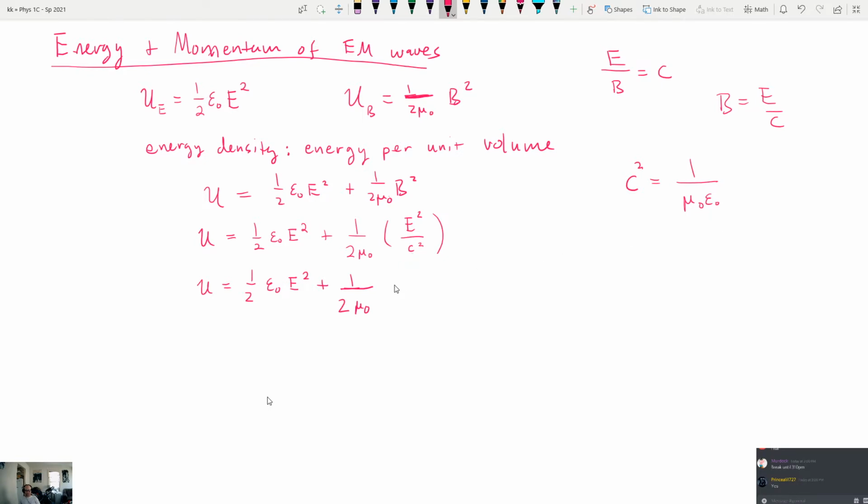So we're going to put this in the numerator. Then these mu's will cancel, and what we end up getting is 1/2 epsilon naught E squared, 1/2 epsilon naught E squared. So you add the halves, you get a 1, and we end up just getting epsilon naught times E squared. So this would represent the energy density of an electromagnetic wave.